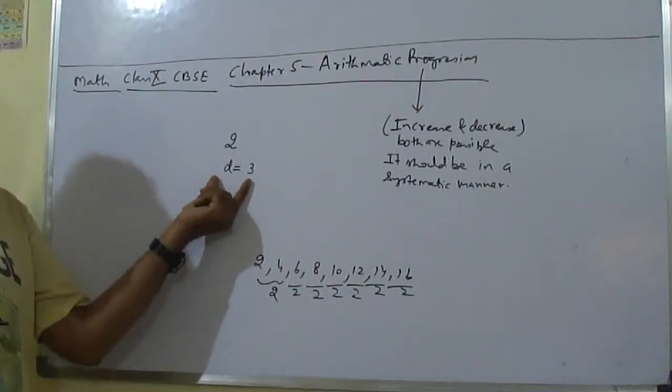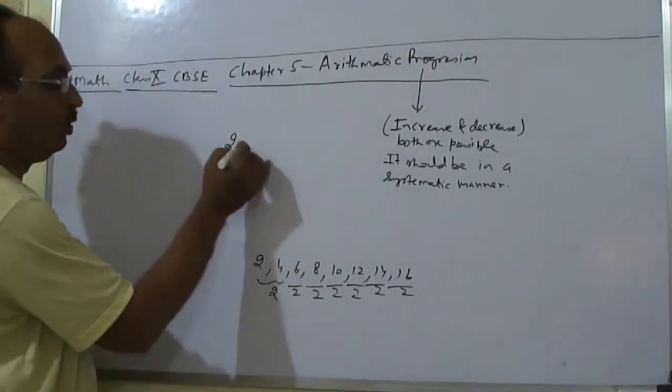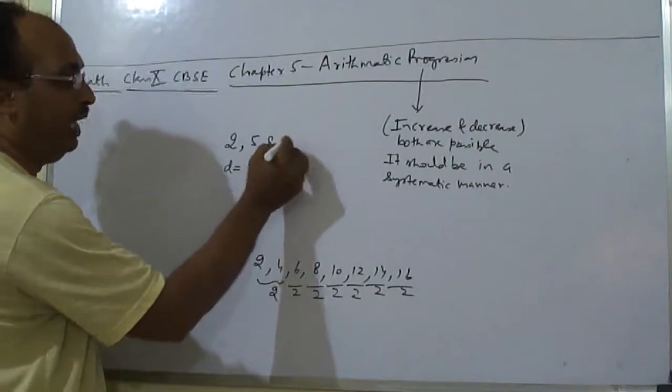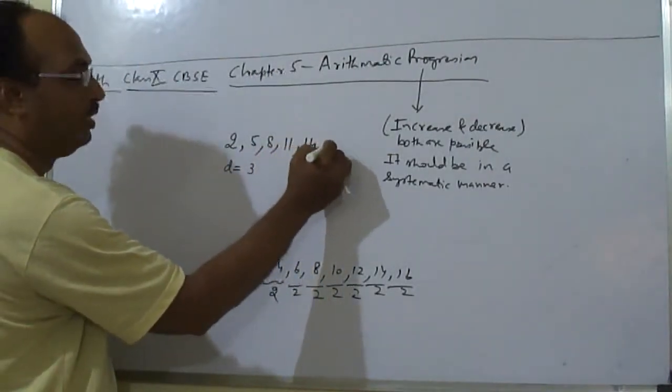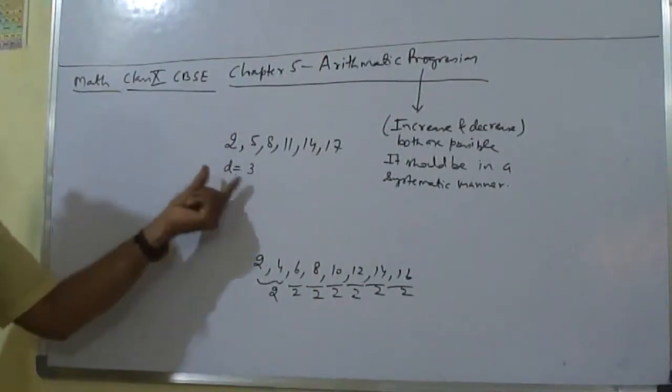We can form it because we know we have to maintain a constant difference of 3. So we add 3 here, it becomes 5, then 8, then 11, 14, 17. So we can form the series if we have the first term and the common difference.